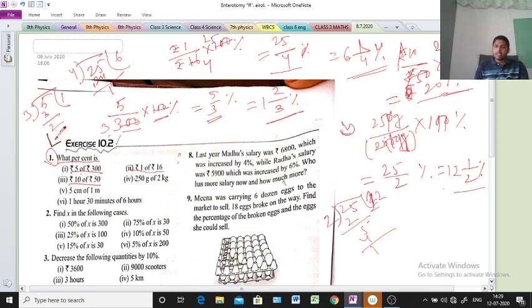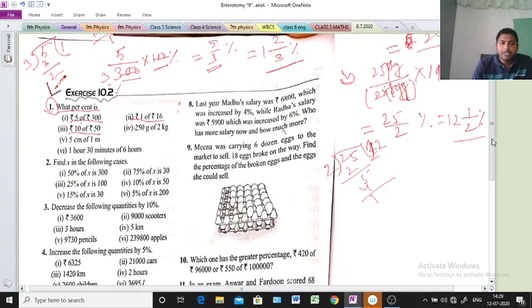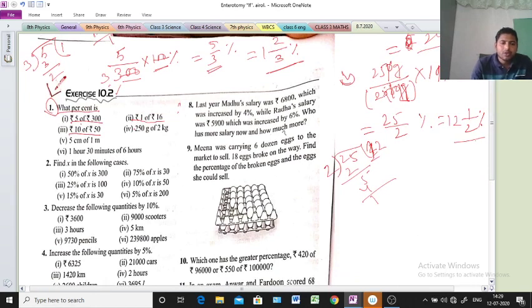Okay, after that cancellation. Now question number 5. Can you do 5 and 6? Okay, see, I am doing question number 5. It is telling 5 centimeter out of 1 meter. 1 meter means how many centimeters? 1 meter means 100 centimeters.